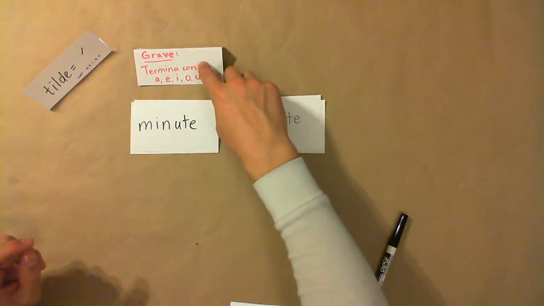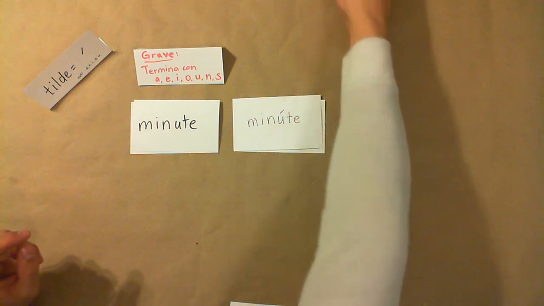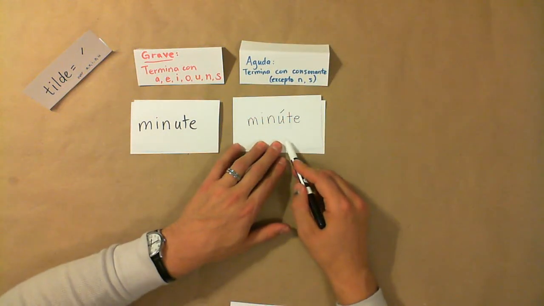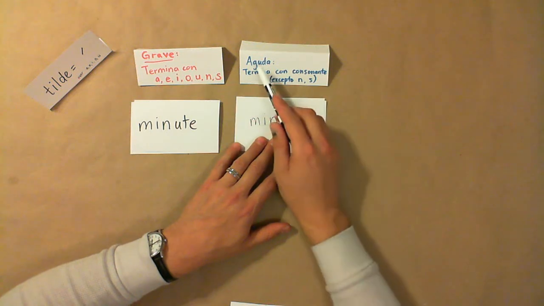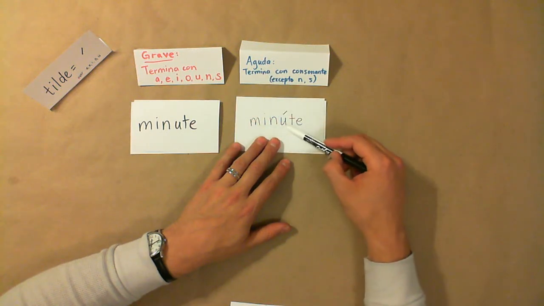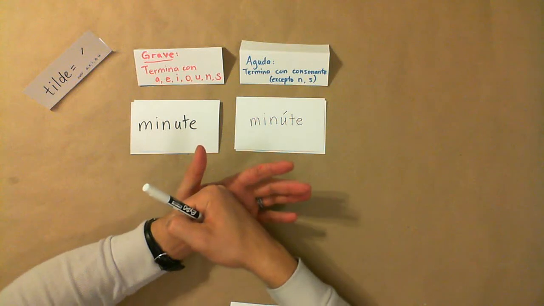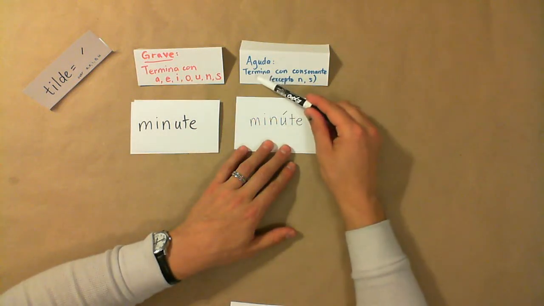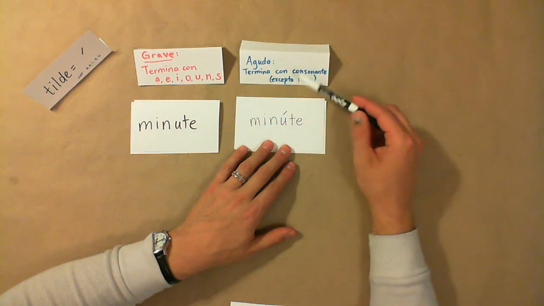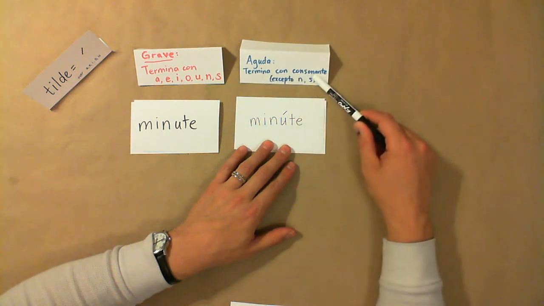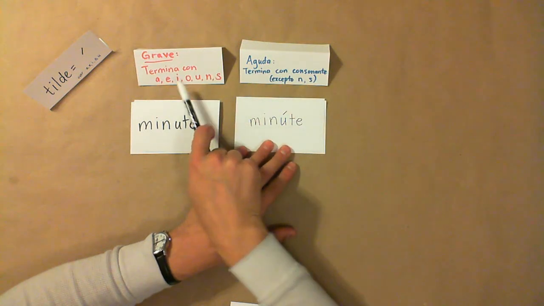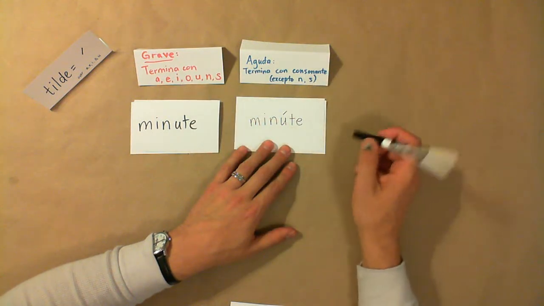Now, the other type of word is aguda. Minuto is not an example of aguda, but minuTO, where the stressed syllable is on the end, is. And these words, by default, always end with a consonant. Of course, N and S behave as vowels, so these are always consonants.